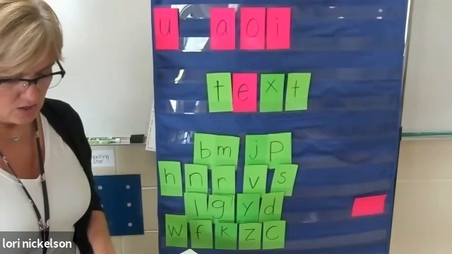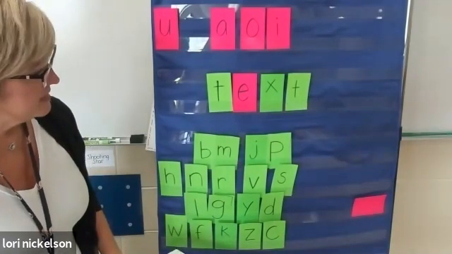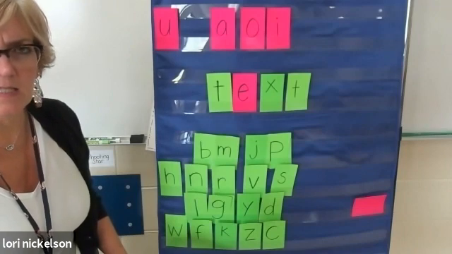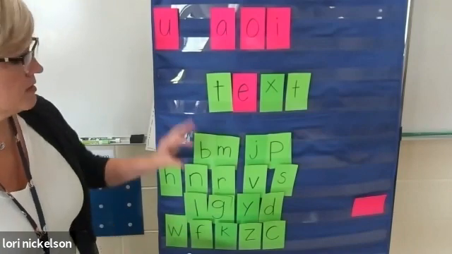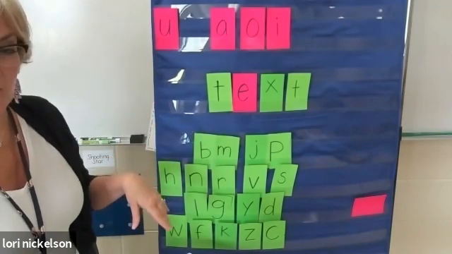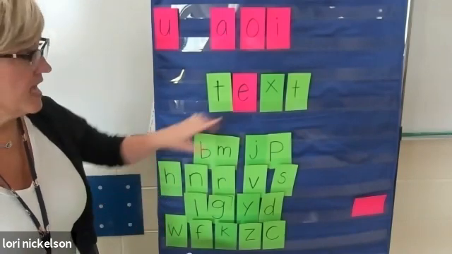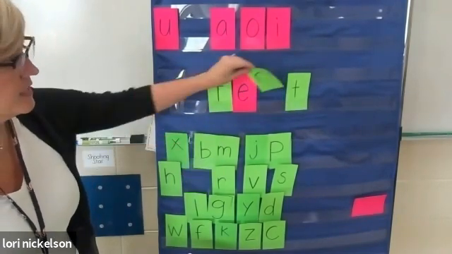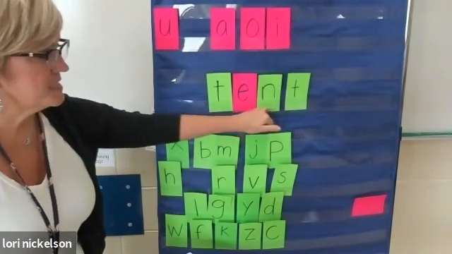So from text, let's make the word tint. So what are you going to hear? Ta, n, ta. What letter do I need to take out? The X. Good. And I'm going to replace it with the N. So now I have tint.